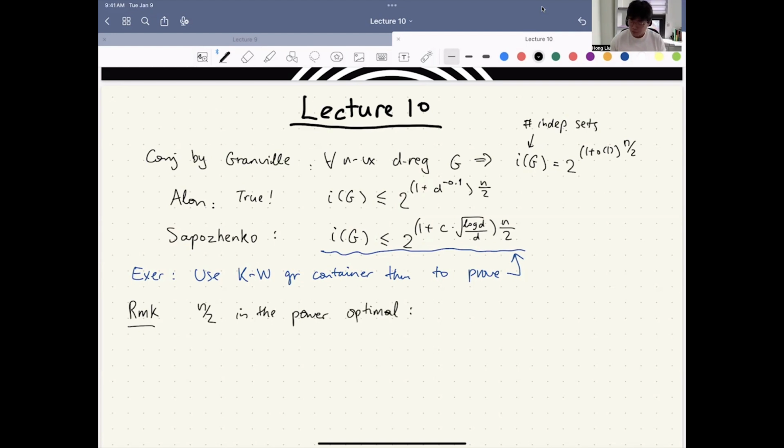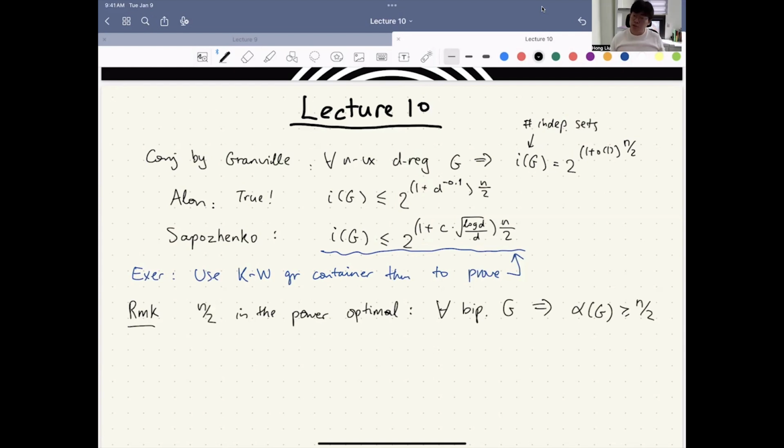Simply because, well, if the graph is bipartite, then you can split the graph into 2 parts. Each part is an independent set. So the independence number of G is at least n over 2.